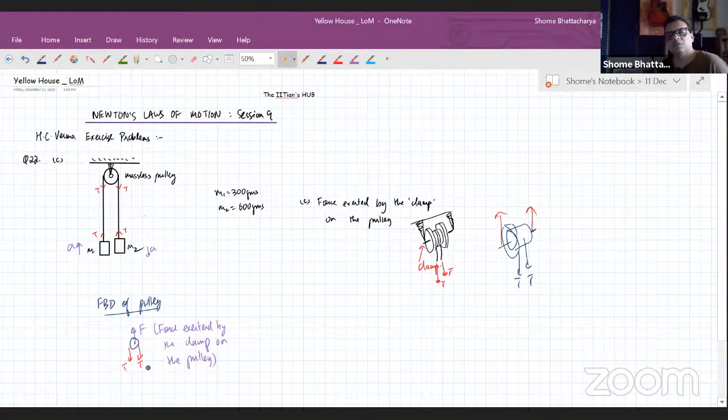And remember, the pulley is massless, so there's no weight of the pulley. Also, the pulley is at rest. So F has to be equal to 2T. Basically, you have to find out the tension. Now to find the tension, you have the individual free body diagrams of these two blocks.